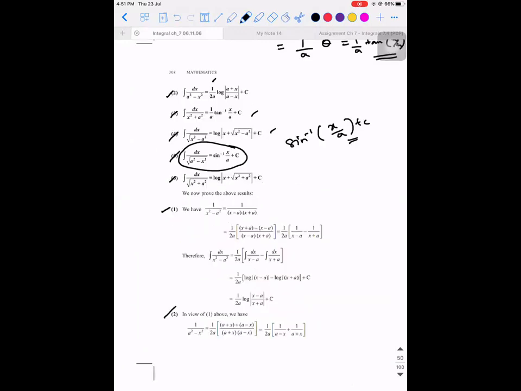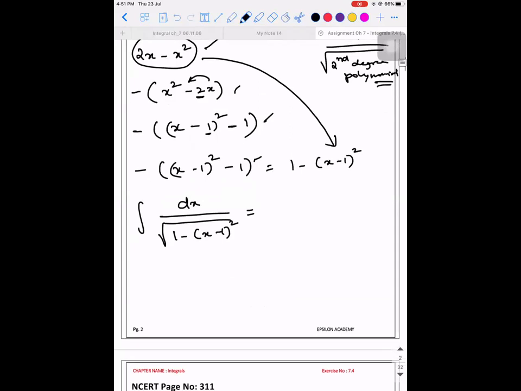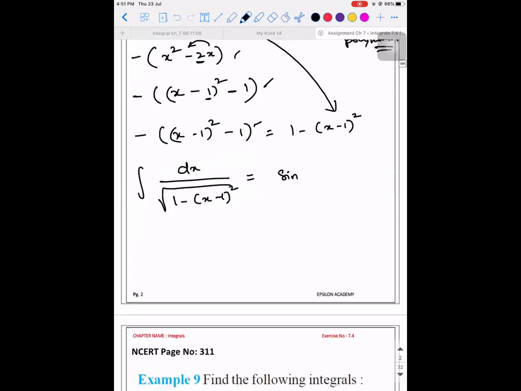This is the formula. Right. So this will be sine inverse of, in the place of x, what do you have? x minus 1, divided by, in the place of a, what do you have? 1. Plus c. That's the answer.